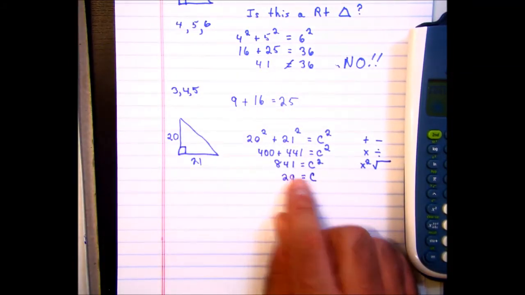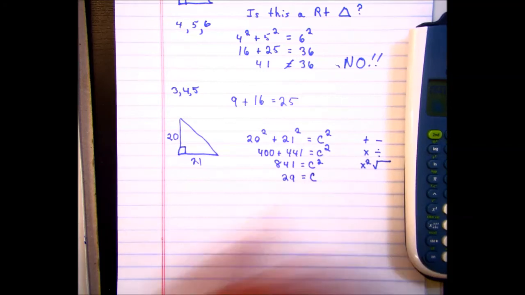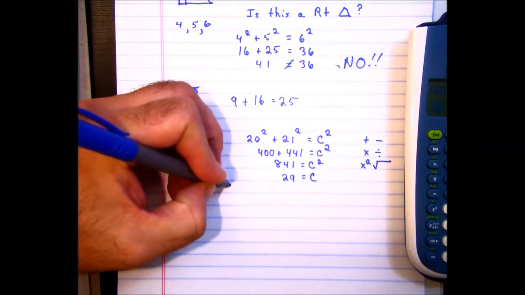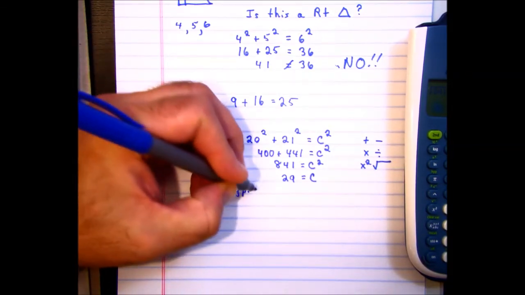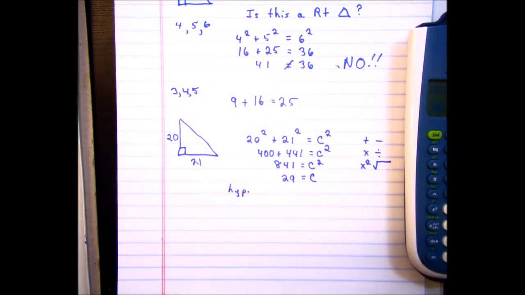Notice 29 is equal to c, because I have to square root the number c squared. So that means the hypotenuse must be 29. All right?